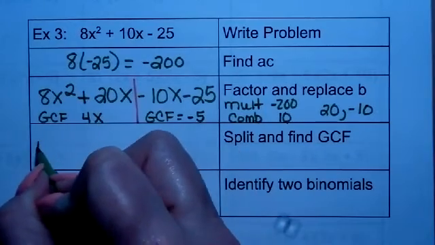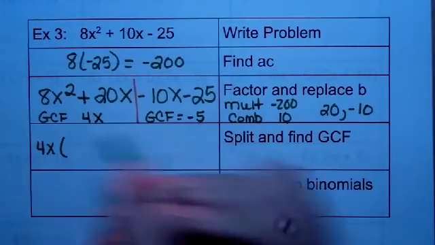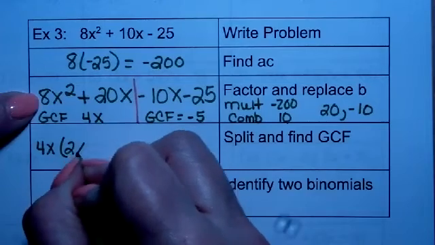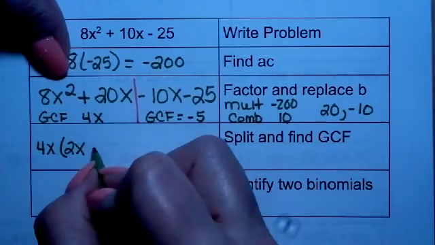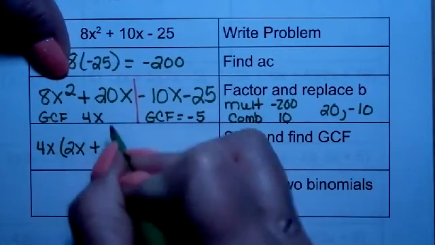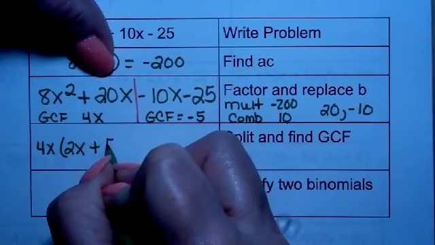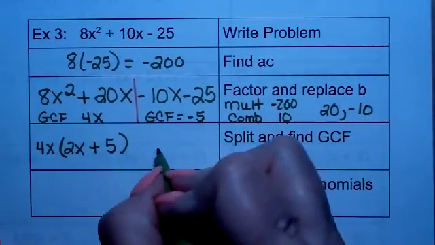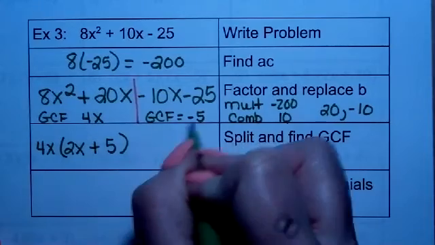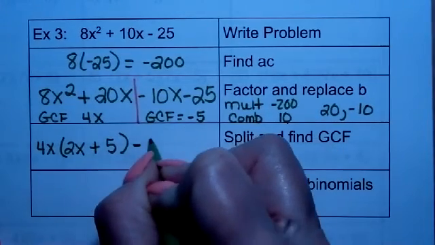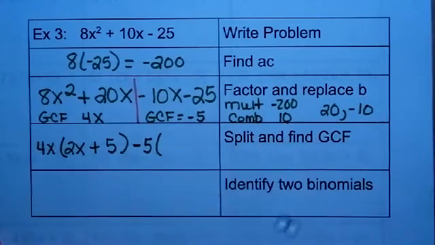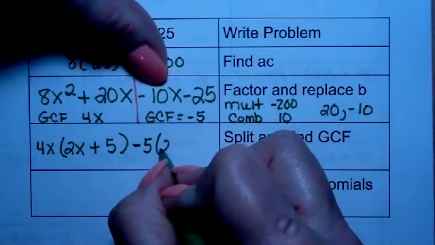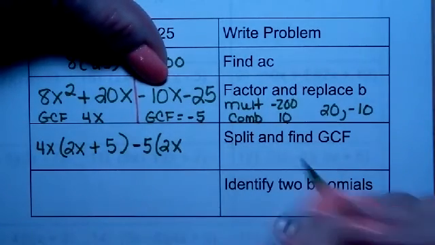So GCF for x, well, 4x times 2x gives me 8x squared plus 4x times 5 gives me 20x. Okay, this side, my GCF is negative 5, so I'm going to put down minus 5 in my parentheses. Now, negative 5 times positive 2x gives me 10x.